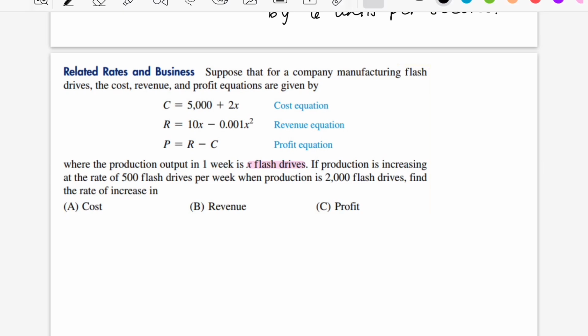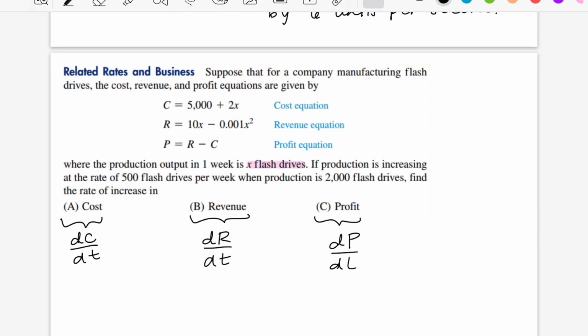So if we want to find the rate of increase in these guys, we're going to find the rate of change of the cost with respect to time, the rate of change of our revenue with respect to time, and the rate of change of our profit with respect to time.